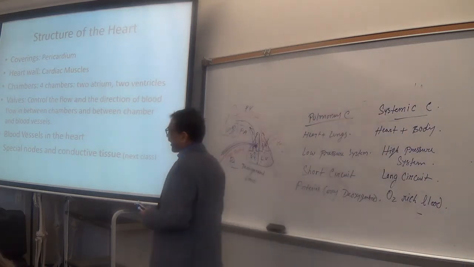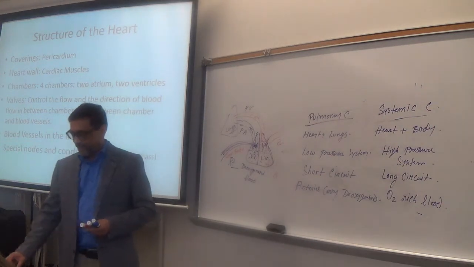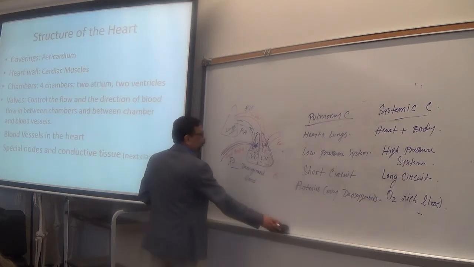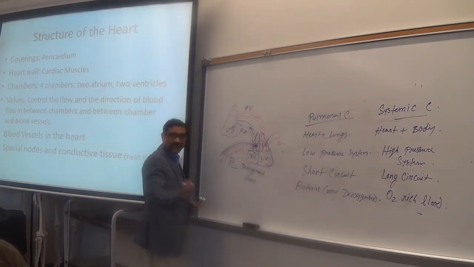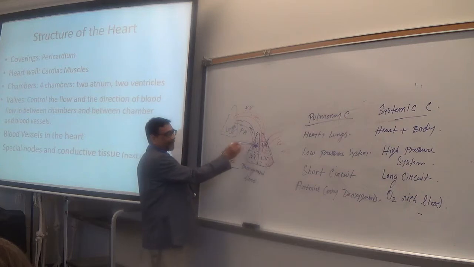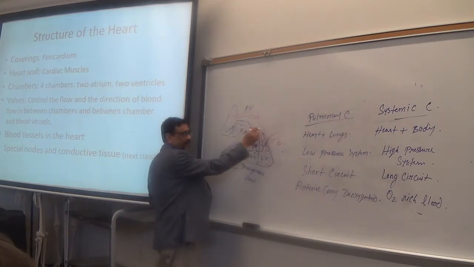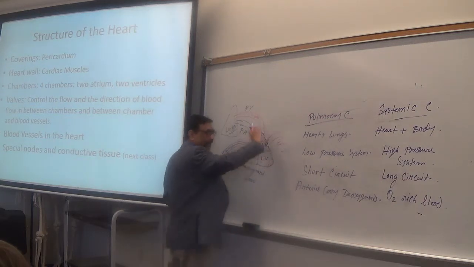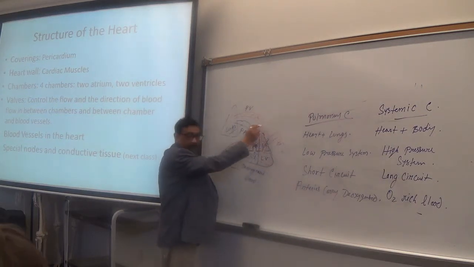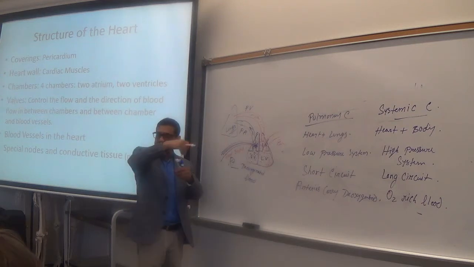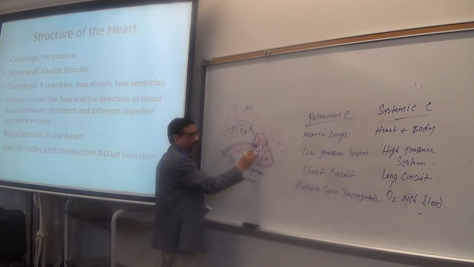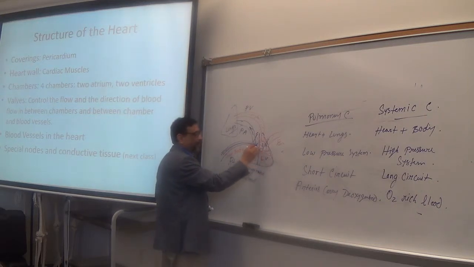Okay. Blood vessels of the heart. Now, this is important. There are 2 types of blood vessels in the heart. One type is these large blood vessels, which either bring the blood into the heart from outside or take the blood to the outside of the heart. These are large blood vessels attached to the heart. The other, small blood vessels, are in the wall of the heart.